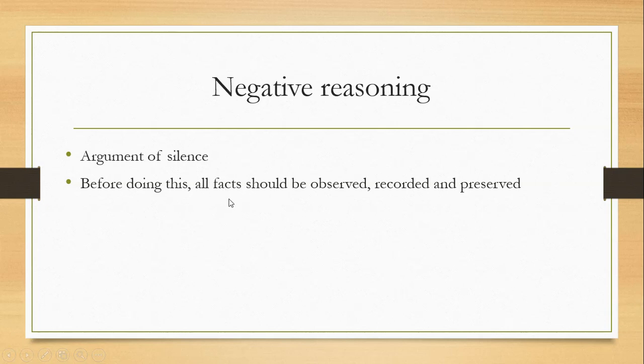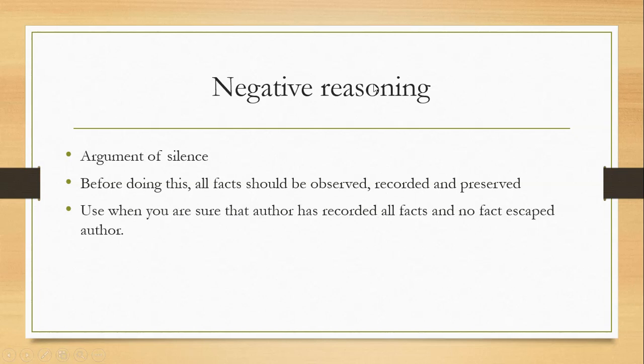If it is a general, he'll be the right person to write about the war. But if it's a common man, obviously the facts will still have some disorientation or misrepresentation. But if it was a political secret, only a cabinet person will know the secret, not everybody. So you should figure out who the author is, whether he has observed all the facts, and whether he has recorded all the facts. Only then can you use negative reasoning.